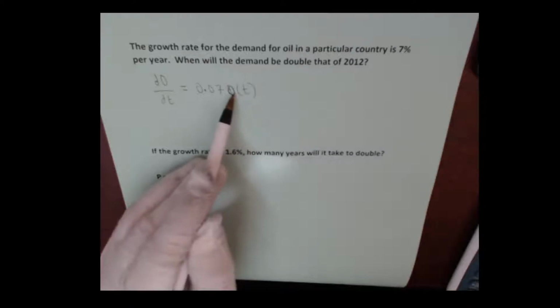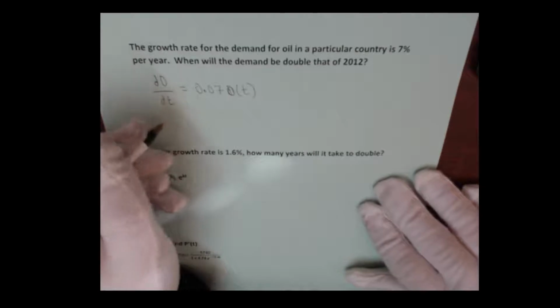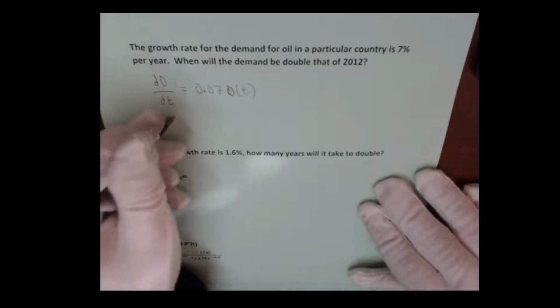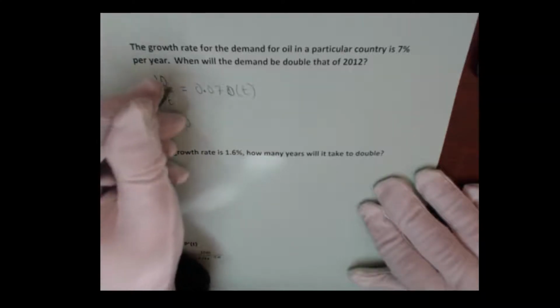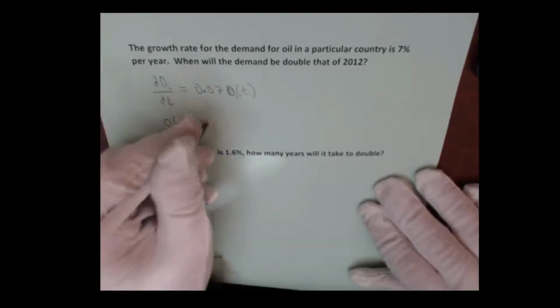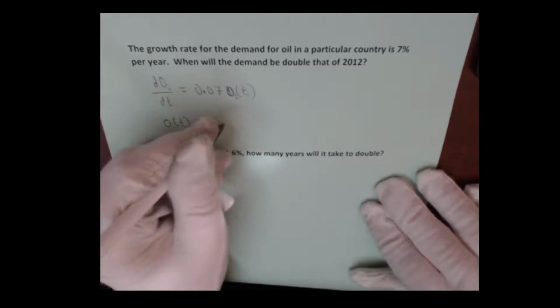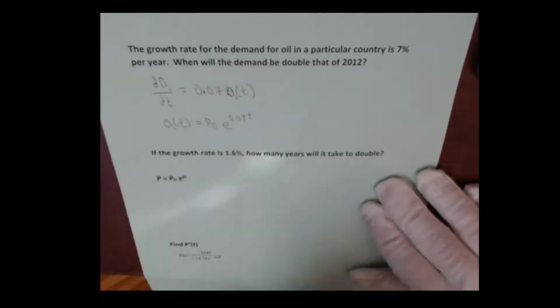Now we remember from the previous video that the solution to this equation would be as follows. Your oil equation O(t) would be equal to your starting amount times e to the 0.07t.